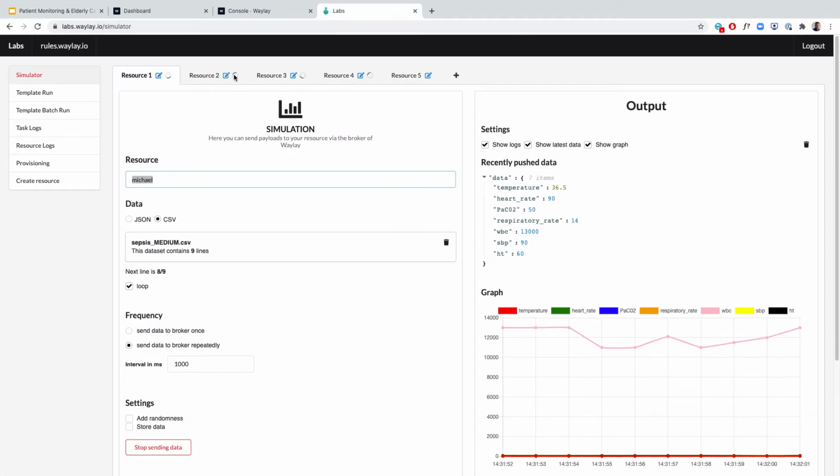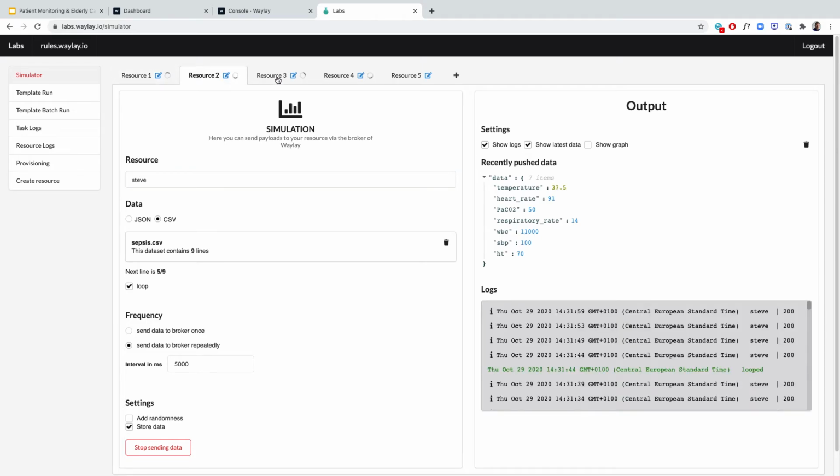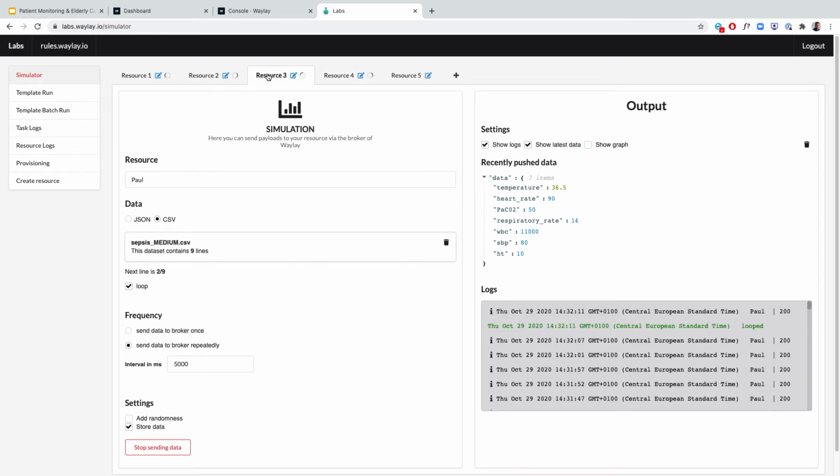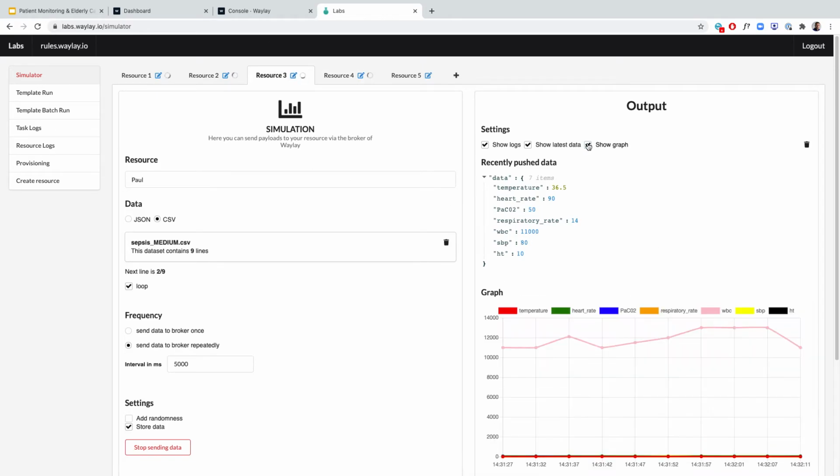So I'm going back to my simulation, and what I've been doing for some time is pushing data for Steve, Paul, and Pete, and you can see on the graph as if it was a medical device sending this data towards the cloud. So for instance, this is data for Paul.